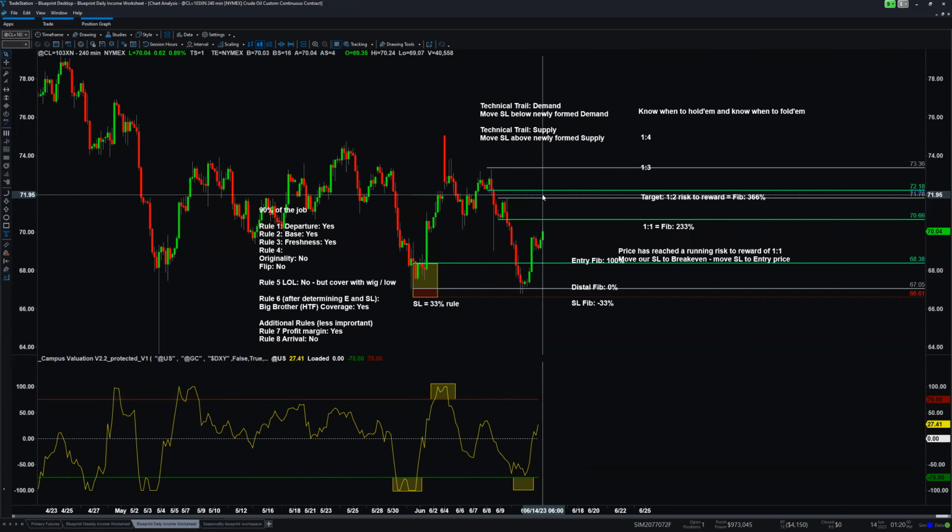Because I do not have a 1 to 2 clear headway. It's not clear. Price has to fight through supply in the process. However, there are additional rules here, and they're less important.